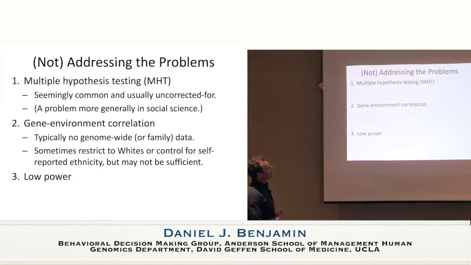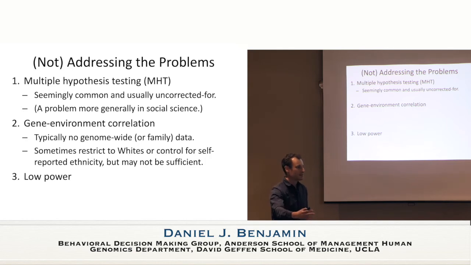Okay, so the candidate gene studies were not addressing these three problems. The multiple hypothesis testing seems like it was pretty common. What people would do is look for different candidate genes for a given phenotype and then only publish the one that came out significant. It wasn't necessarily a single researcher doing this, or intentional.